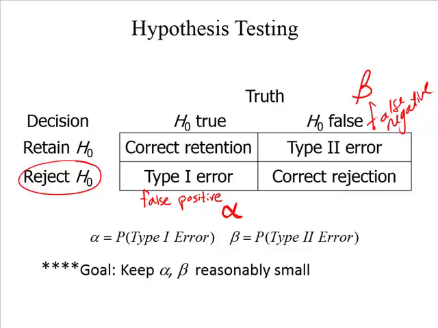When we try to keep alpha small, we do that by making a choice. We make a choice about how certain we want to be in terms of probability.